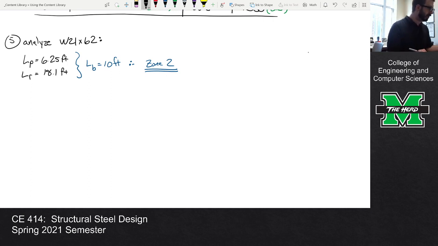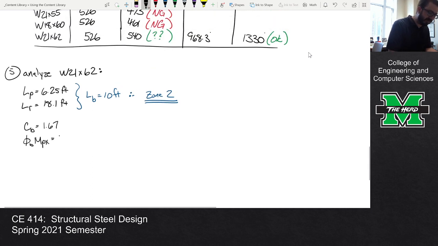So in order to do our design, we need to recall our CB. Again, that's 1.67. We need to recall we've got LB. We need VMP, which we just wrote down up here, in our table, that's 540.